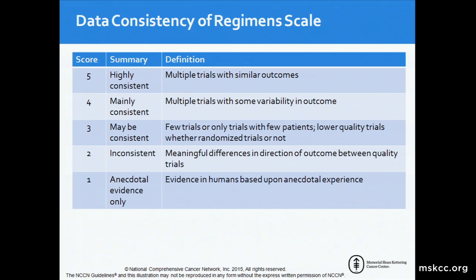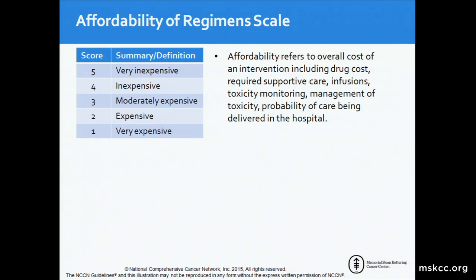Data consistency is different than data quality, okay? It's, do we see the same result in the different trials that were done? And again, highly consistent 5, only anecdotal evidence 1. And then affordability, I already mentioned, we used very inexpensive as 5, and then very expensive as 1.